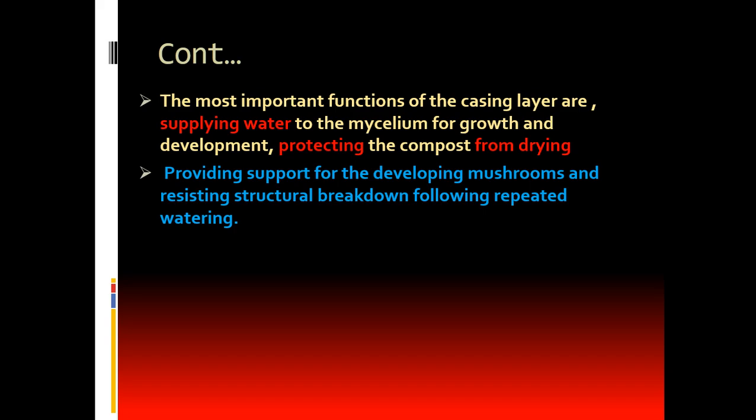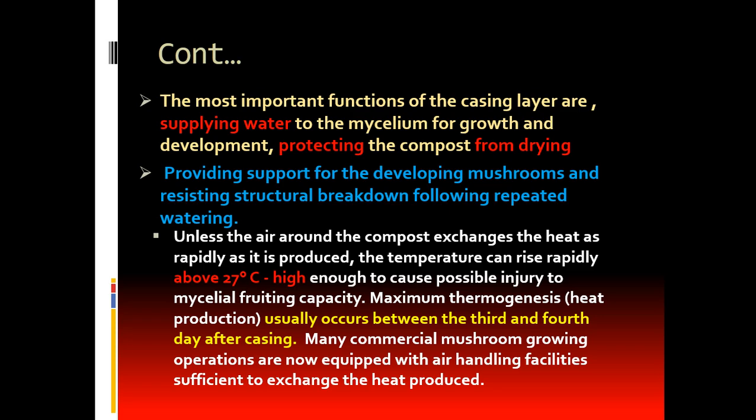Resetting the structural breakdown following repeated watering. Okay, unless the air around the compost exchanges heat as rapidly as it is produced, the temperature can rise rapidly above 27 degrees Celsius, high enough to cause possible injury to the mycelium and the fruiting capacity of that mushroom.